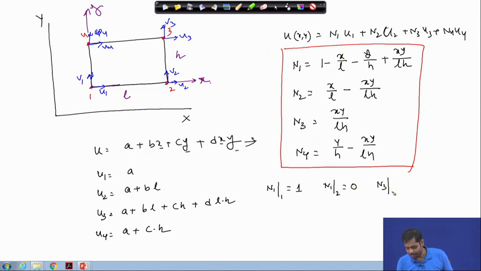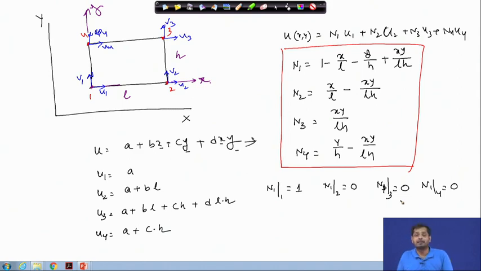Similarly, N1 at node 3, where x is equal to L and y is equal to h, is also 0. And finally, N1 at node 4 is also 0. So, similarly, you can see that these satisfy the Kronecker delta property.